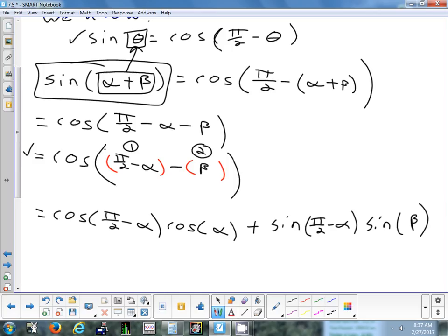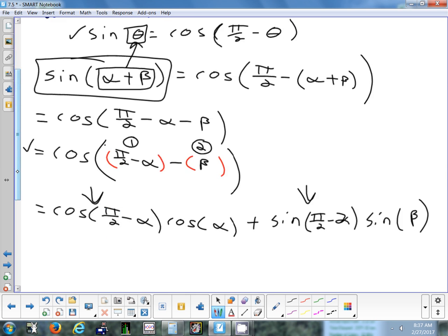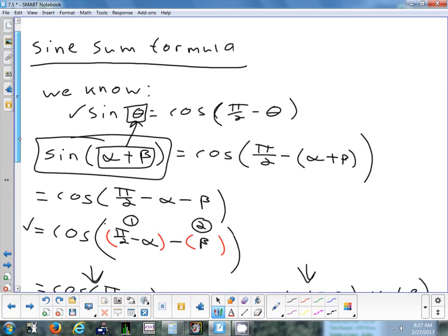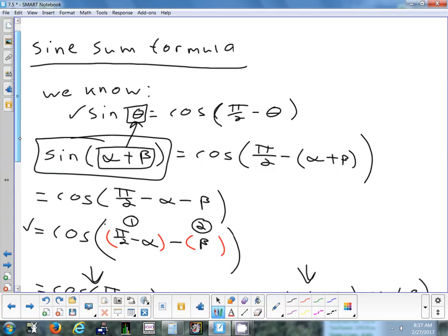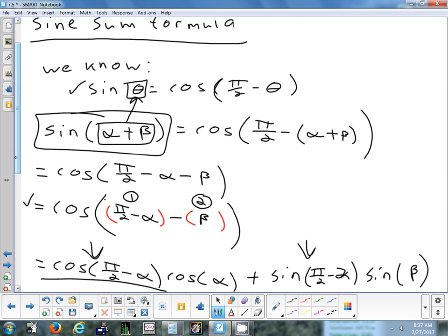Okay, so now let's look back up, because these two things, well, one of them we proved. The other one, I think you can probably figure out the pattern. What is the cosine of pi over 2 minus alpha the same as? Yeah, cosine of pi over 2 minus theta is the same as the sine of theta.